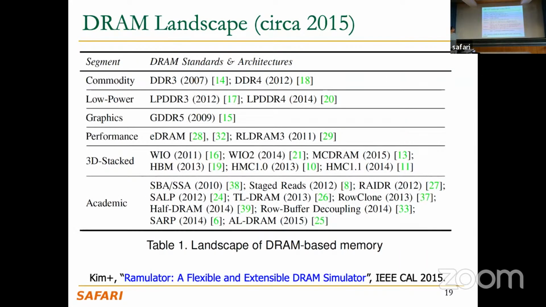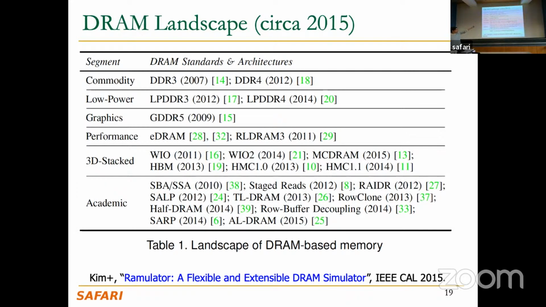This is a table about the DRAM landscape around 2015. What we have these days is more or less the same. It's an evolution of this. Indeed, you can already find DDR5 chips in the commodity segment. You can also find GDDR6 for graphics.